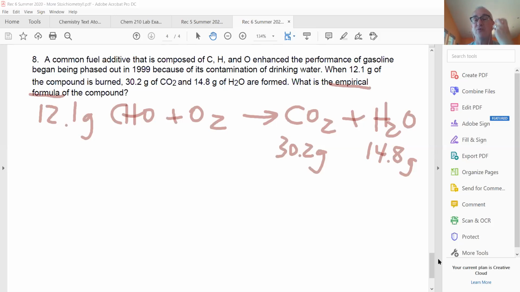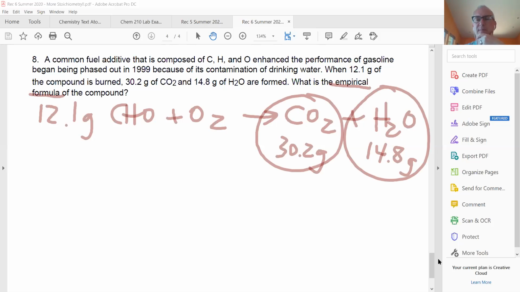You want the simplest ratio of the number of moles of each one of the atoms. And so we're going to get that from figuring out how many moles of the products from my combustion reaction. So if I figure out the number of moles of CO2 and number of moles of water, what information will that give me?